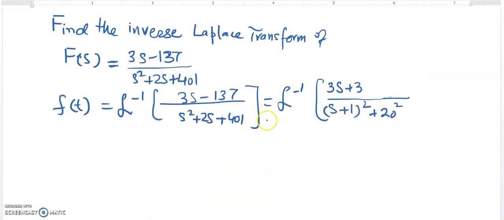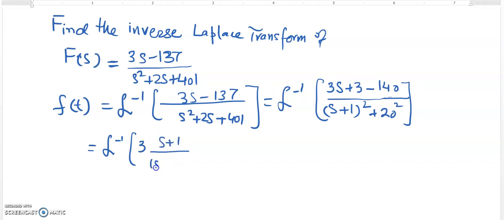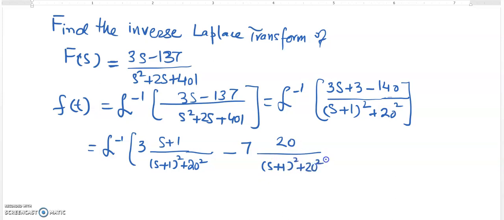In this way I have written 3 times (s plus 1), and it was minus 137, so it should be minus 140, right? Then these two are equivalent. So now the Laplace inverse of this: I can write it as 3 into (s plus 1) over ((s plus 1) square plus 20 square), minus 7 into 20 over ((s plus 1) square plus 20 square).